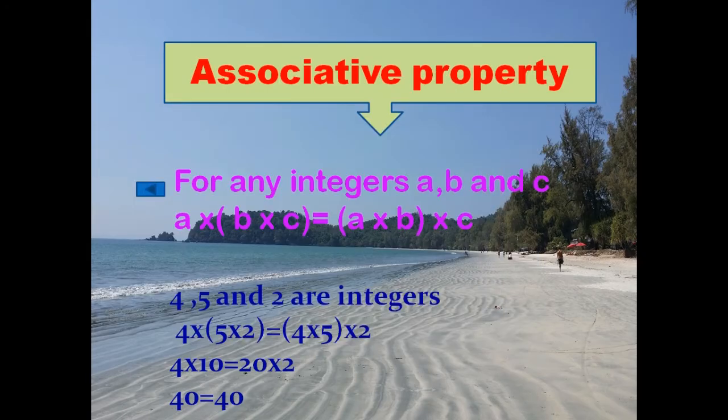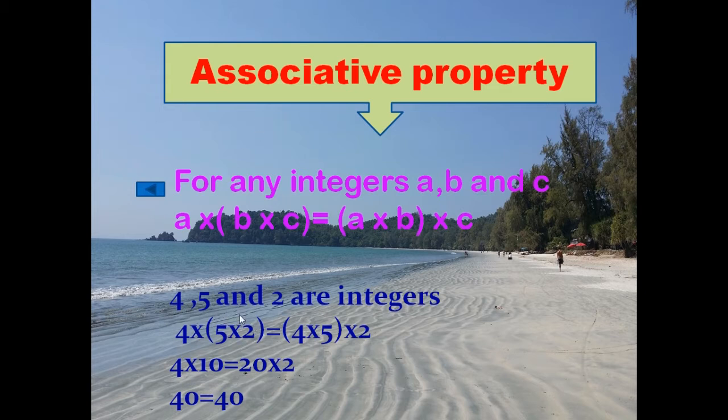Next, go for the associative property. What is the associative property? For any integers a, b and c, (a into b) into c is equal to a into (b into c). Here I am taking another example, 4, 5 and 2, three integers. Verify that. On the left, 4 into 5 into 2.